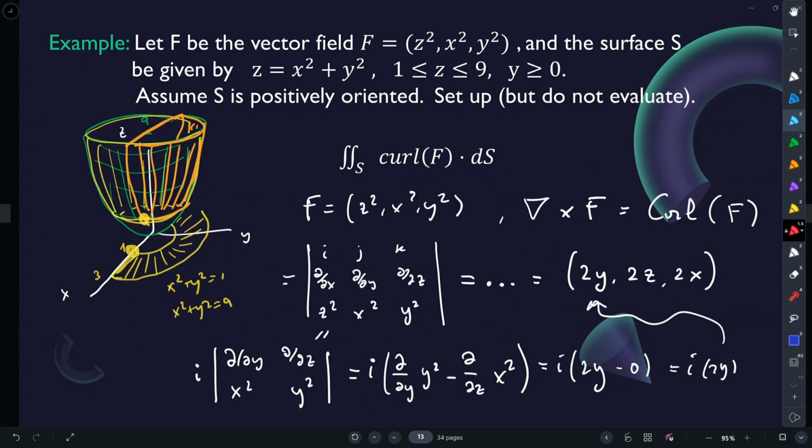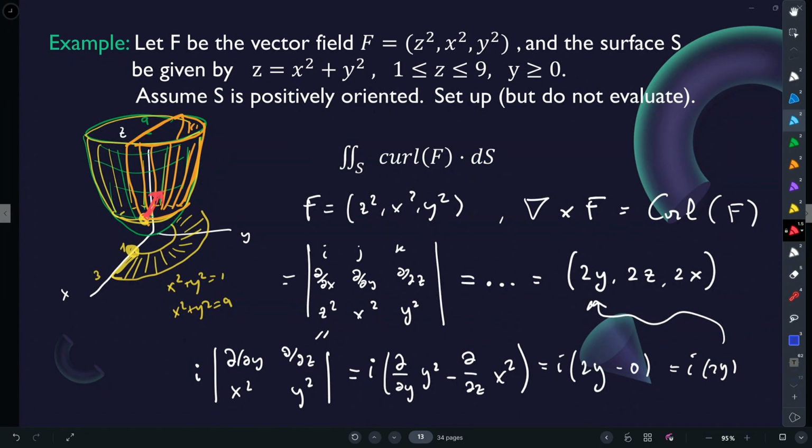So it points like this towards the inside, what I'm perceiving as the inside of that surface. But who is to tell me what's the inside and what's the outside of something that is not closed? So that's why I'm saying assume that it is positively oriented. Assume that whatever normal vector you come up with, that's the positive orientation. Okay, so not to complicate things.